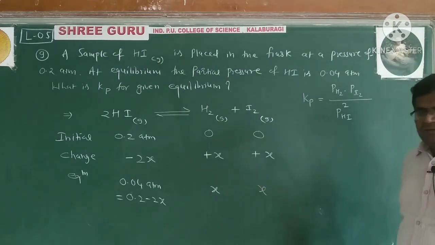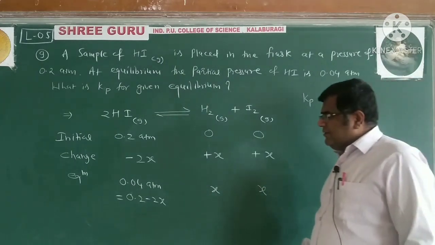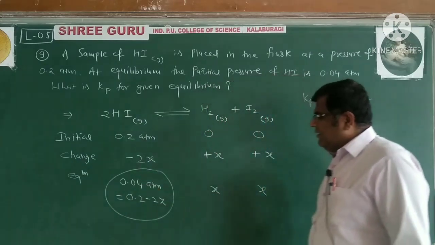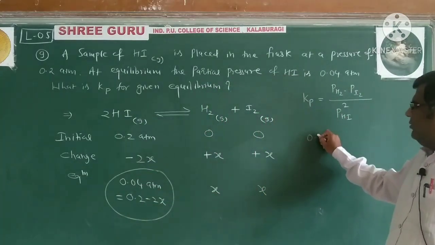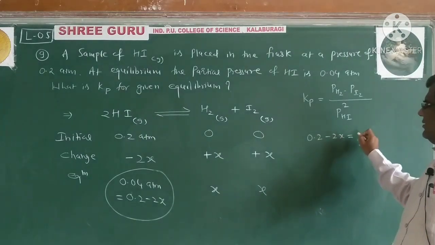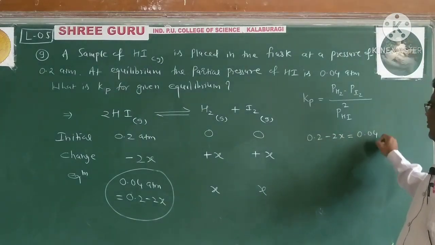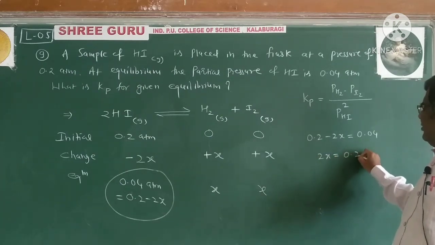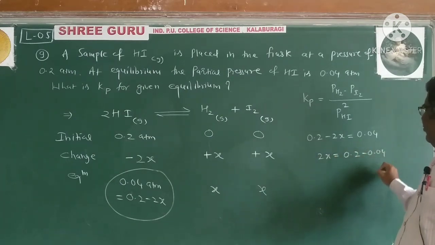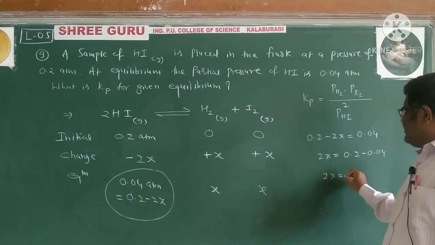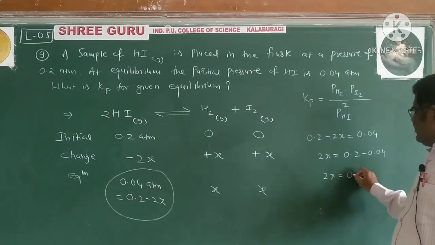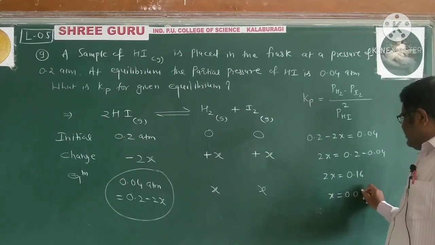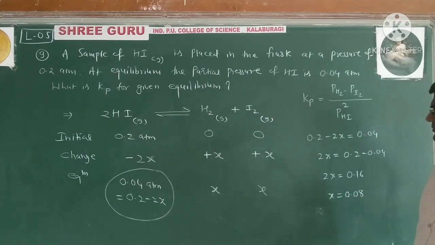We can calculate x from 0.2 minus 2x equals 0.04. So 2x is equal to 0.2 minus 0.04, which is 0.16, and x is equal to 0.08.